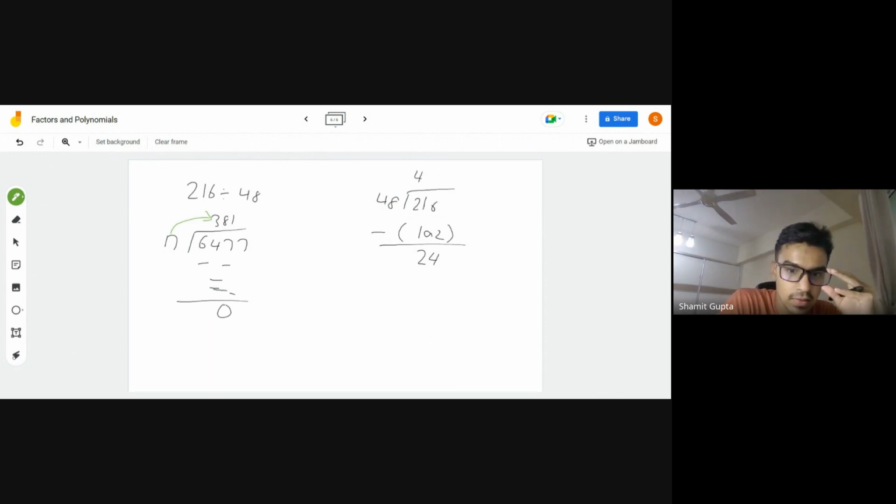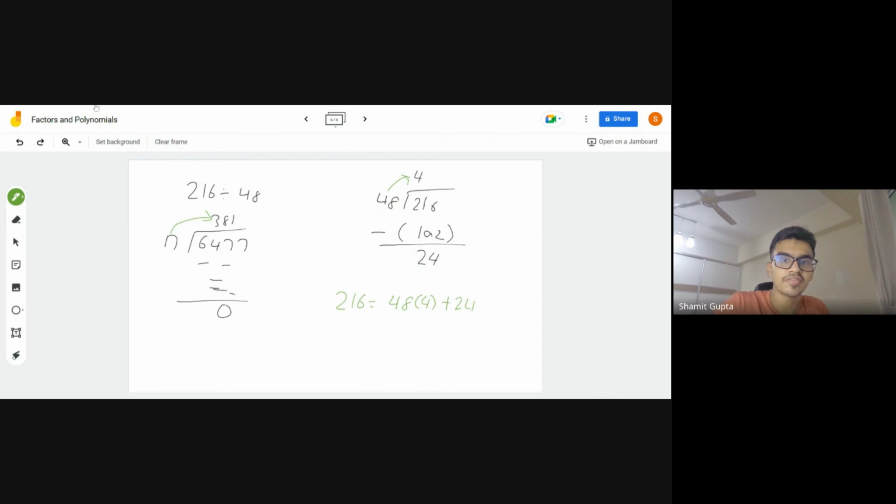There's no remainder anymore. Now in this case, 48 times 4 is not equal to 216 because there's a remainder. So 216 is equal to 48 times 4 plus the remainder, plus 24.